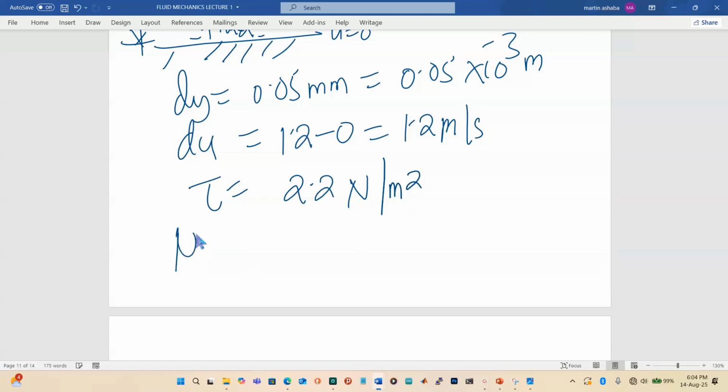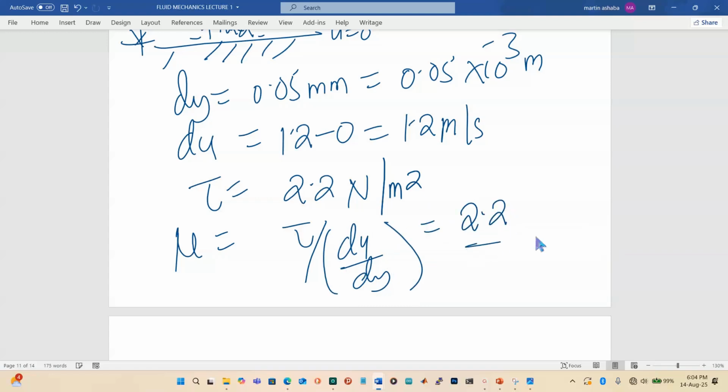Therefore, nu will be tau out of du over dy. That becomes 2.2 divided by du over dy, which is 1.2 divided by 0.05 times 10 power negative 3.